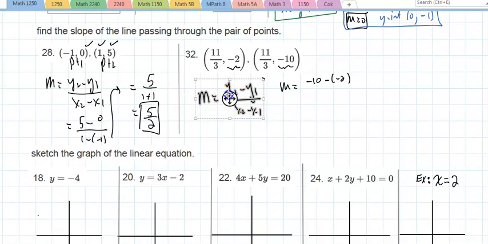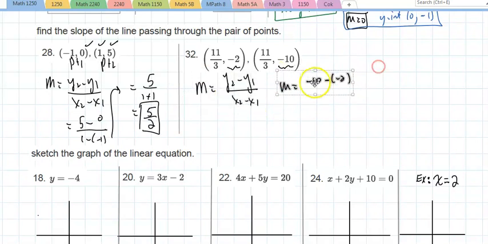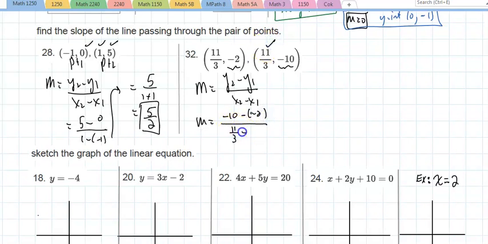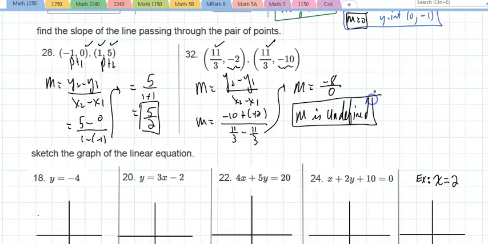Over x2 is 11 over 3, minus x1, which is 11 over 3. I'll get the slope to be negative 10 plus 2 is negative 8. 11 thirds minus 11 thirds is a 0. The slope is undefined. What does this tell me? This tells me this is a vertical line.